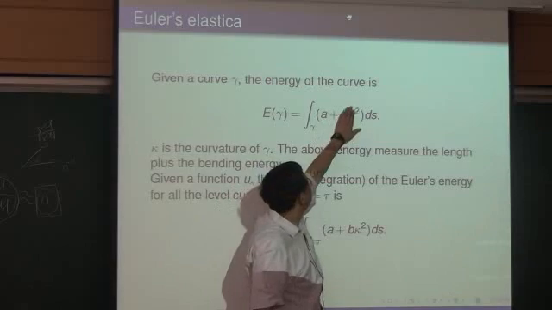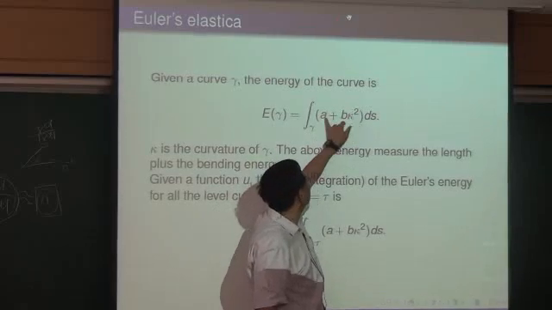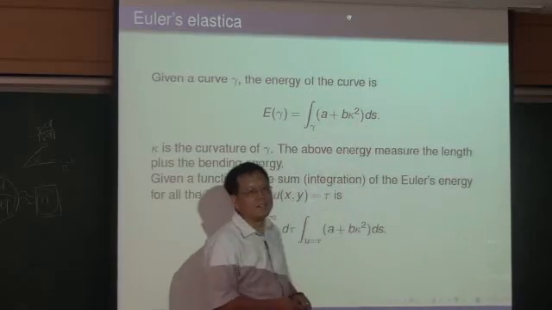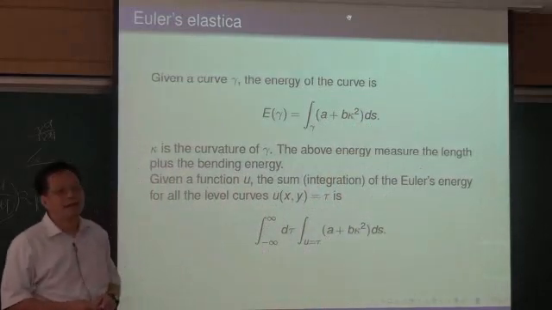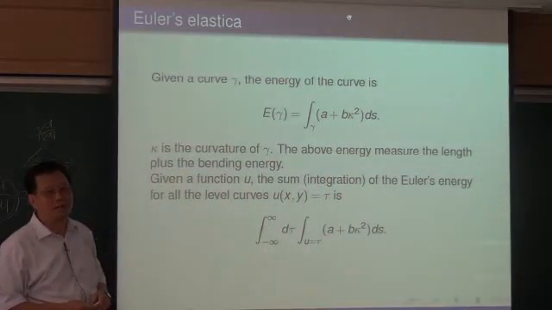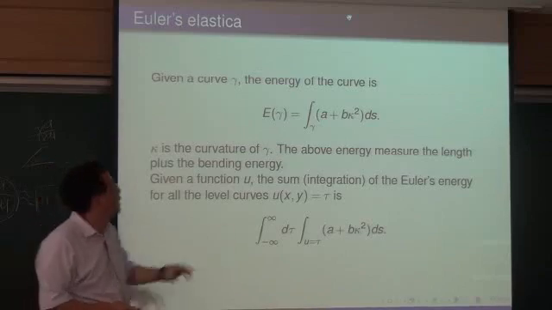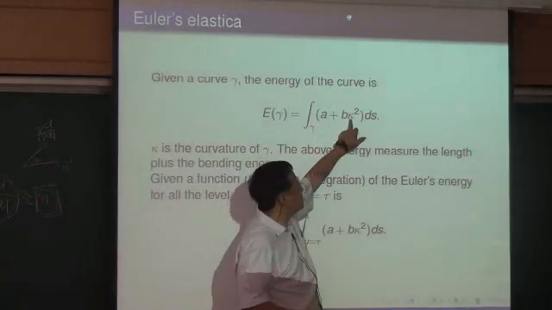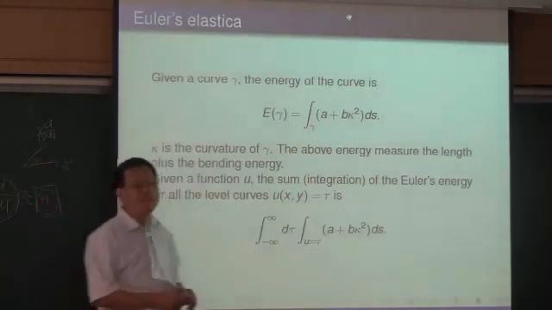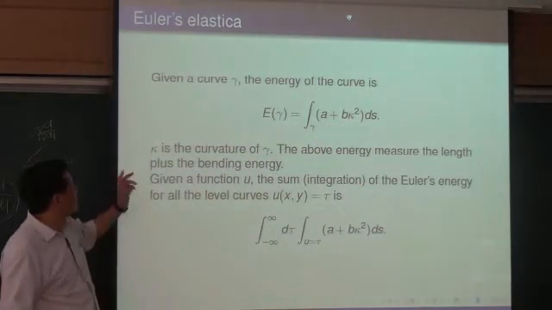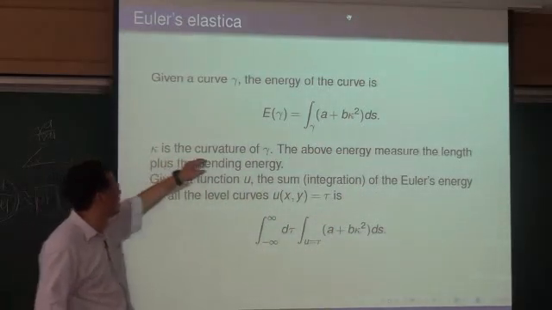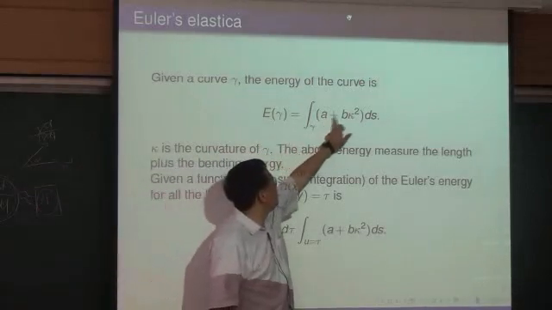If b equals 0, this is essentially the length times the constant a. If a equals 0, it is just a measure of the bending energy. So the elastica energy for a given curve combines those two.